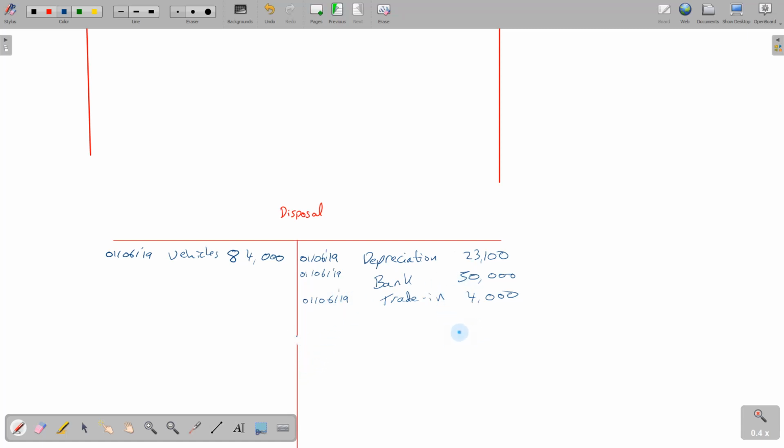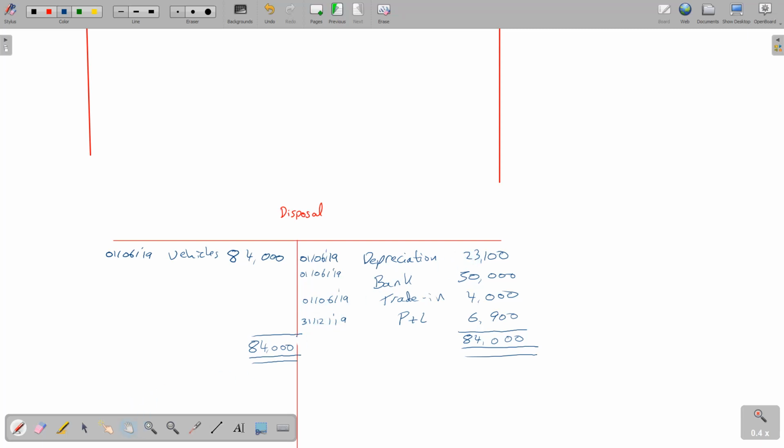If you balance this, remember when we're talking about disposals, there's no balance carried down or balance brought down, it's just P&L. So which side is bigger? The 84,000 is bigger. And then you try and make up the difference, so that is 6,900 P&L. So you'd balance that at the end of the year, so it's 31st of the 12th, 19.